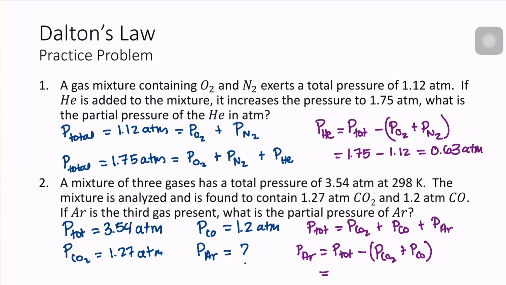Now I can plug my total pressure in, 3.54, minus the partial pressure of carbon dioxide, which is 1.27 atmospheres, plus the partial pressure of carbon monoxide, which is 1.2 atmospheres. We can plug that into our calculators.